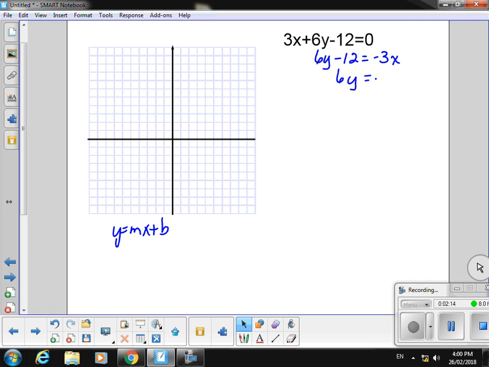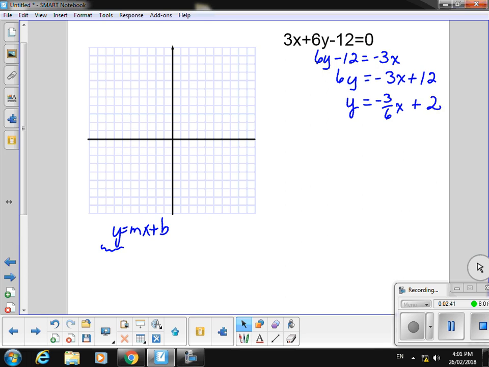So at this point, I have just 6y on the left side, which is the look that I want. But I don't want 6y equals something, I want y equals something. So I'm going to divide both sides by 6. So my left side is now y. My right side is negative 3 over 6x plus 12 divided by 6, which is 2.